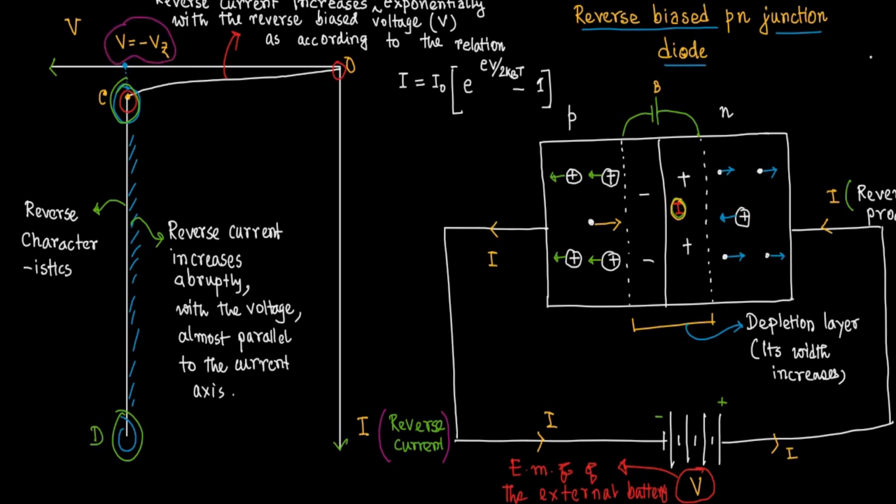This voltage V equal to Vz is called the Zener voltage or avalanche breakdown voltage.